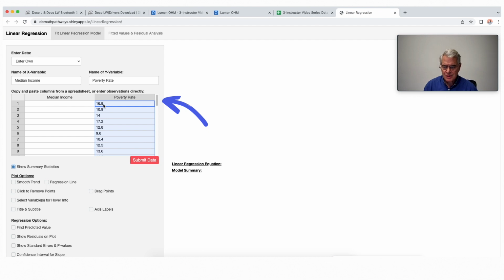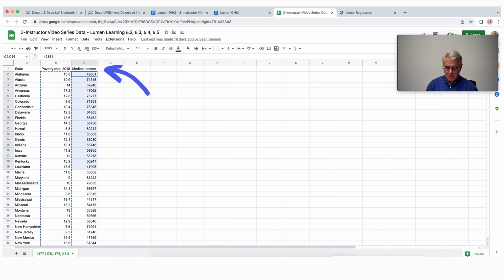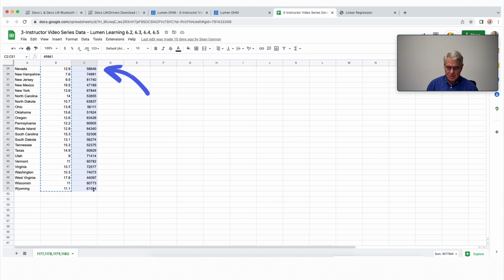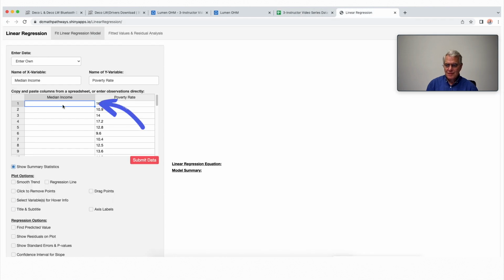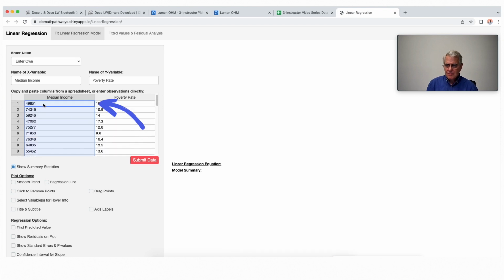Alabama has our 16.8. That's good. And let's get our median income. Good. Alabama, 49,861 with a 16.8.